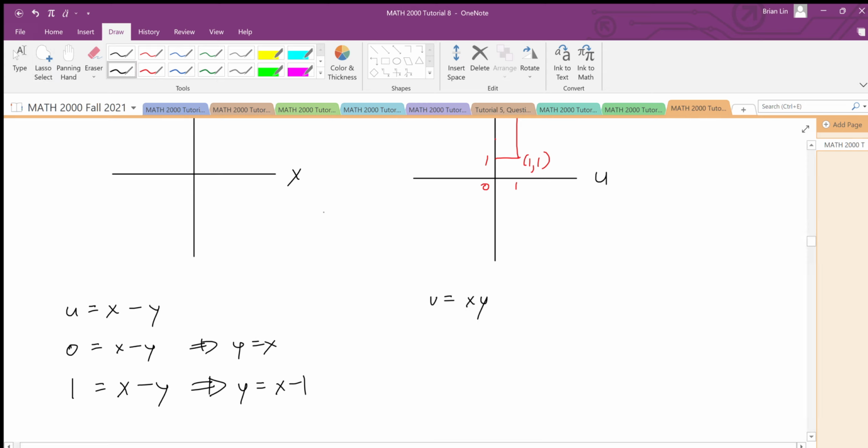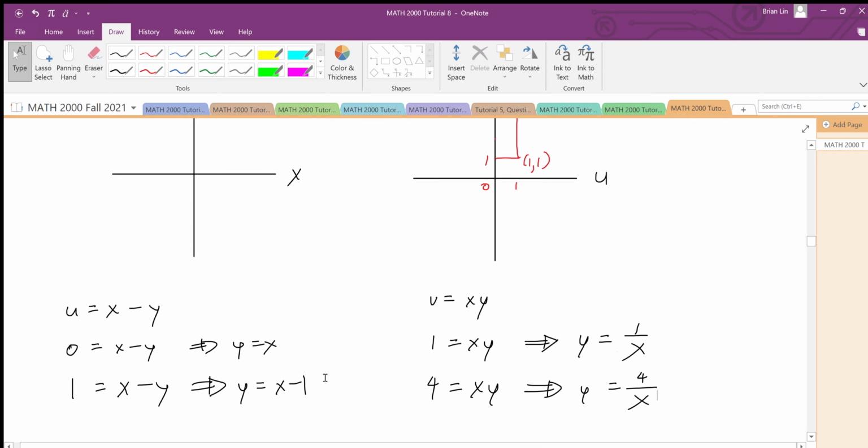Function v equals xy. We want v to go from 1 to 4, right? So let's say constant function 1, and that corresponds to y equals 1 over x, and 4 corresponds to y equals 4 over x. Okay.